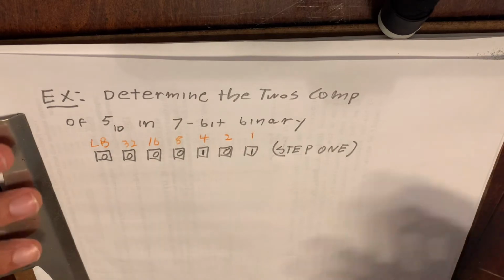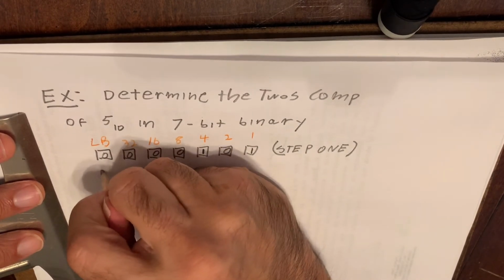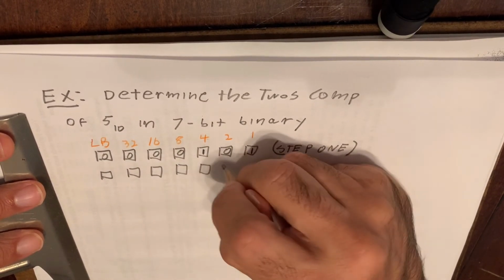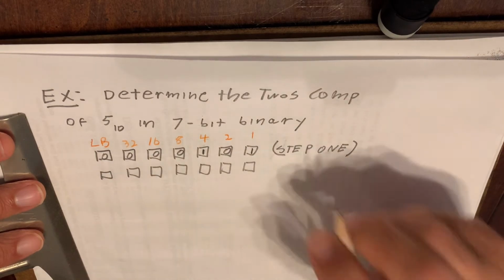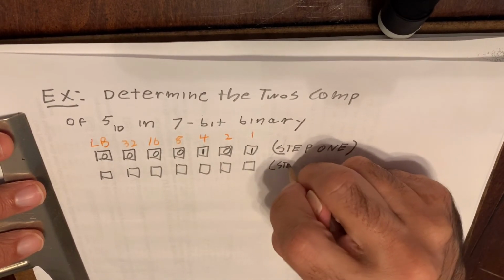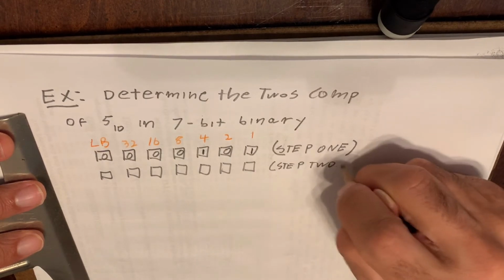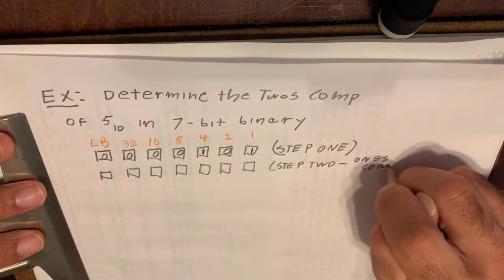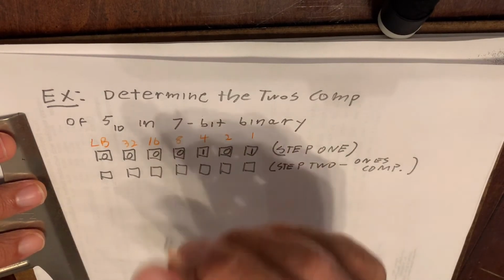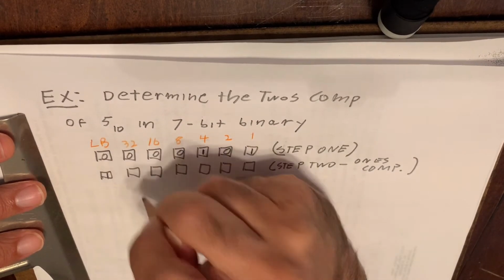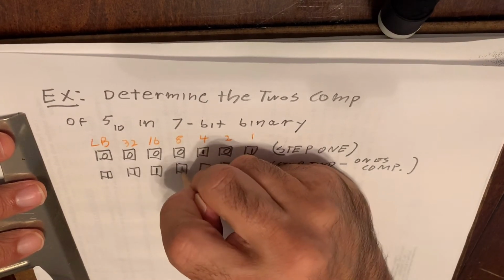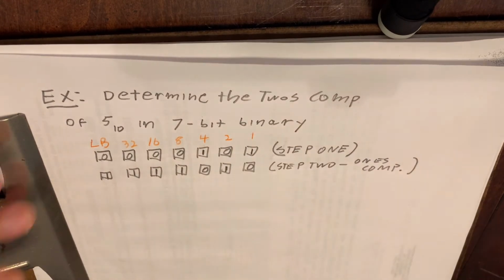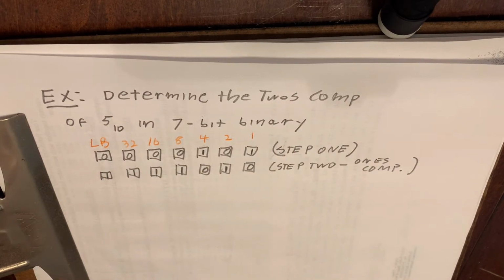So the next step is to get the 1's complement. So I'm going to write out my bits. And this is step 2. And that's the 1's complement. So we're just going to interchange all the bits. So we have 1, 1, 1, 1, 0, 1, 0. And that's the 1's complement.